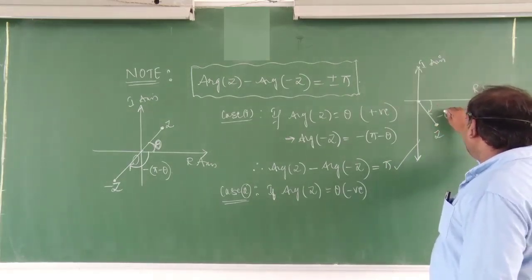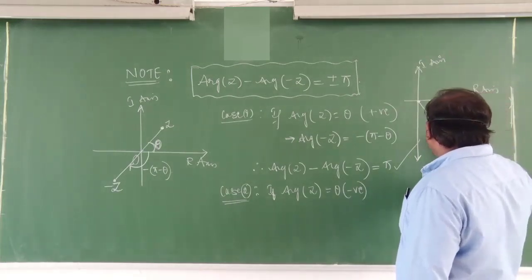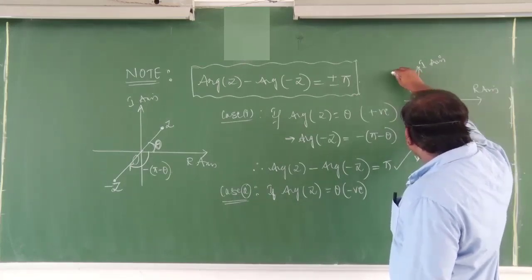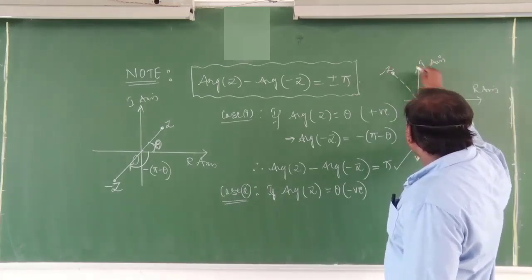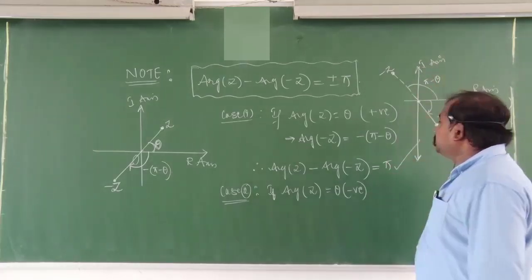This is the angle minus theta. Then automatically if it is z, minus z will be somewhere here. Somewhere here it is minus z. Then what about this value? Pi minus theta only, right?